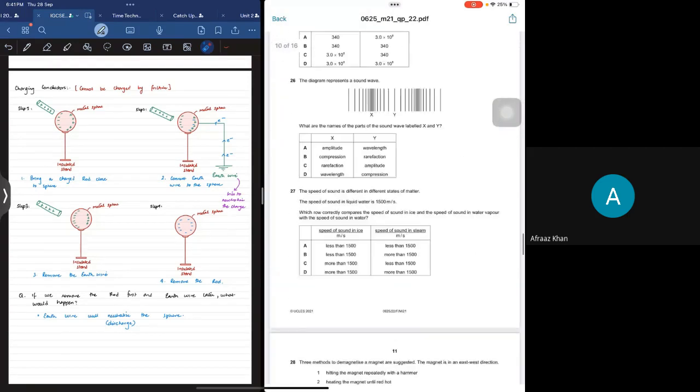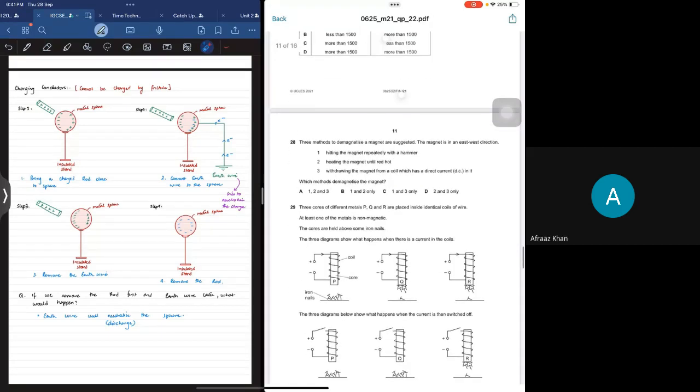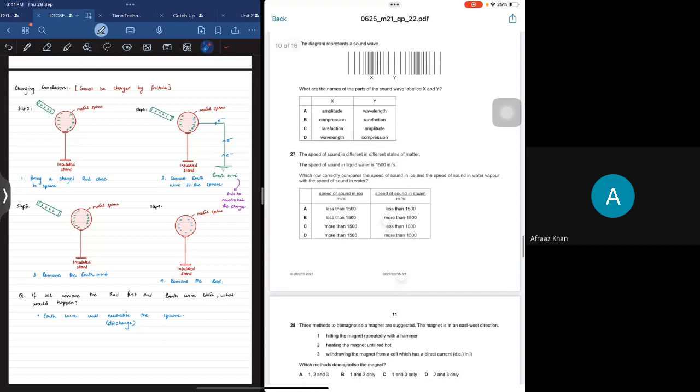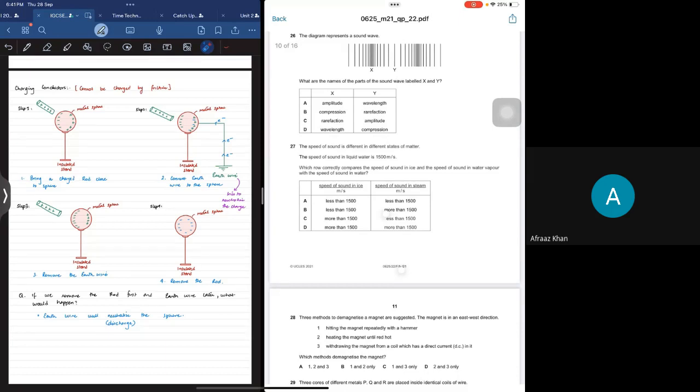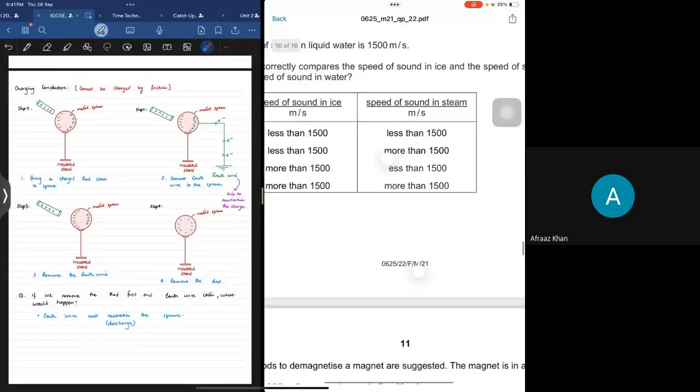Question 29. This is not the question. That's not fair. This is the right paper I opened. 0625 FM 21.